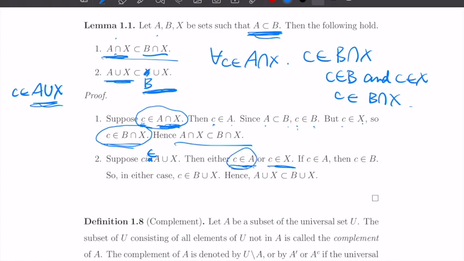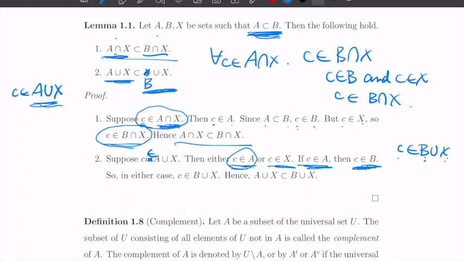Then because A is a subset of B, C belongs to B. So C of course belongs to B union X, because this means C belongs to B or X.